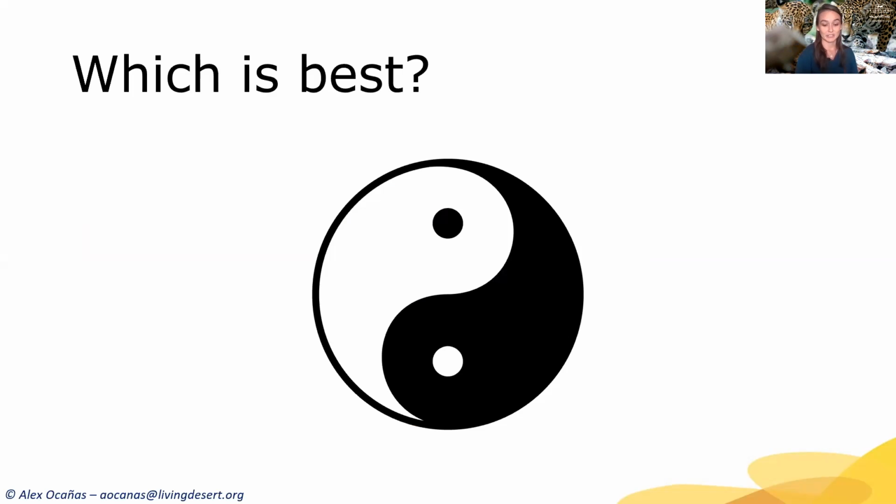Okay, so back to this question of which method is best. And again, it all comes back to your research question and your purpose. And this general suggestion that for the most part you should try to mix your methods to get some qualitative and some quantitative data.